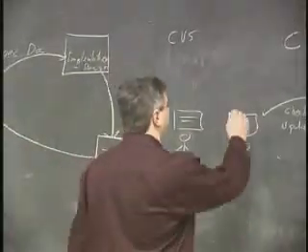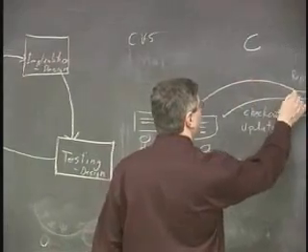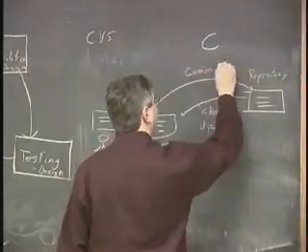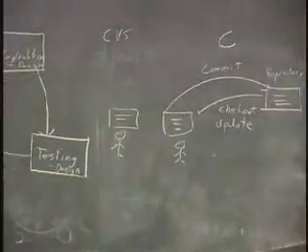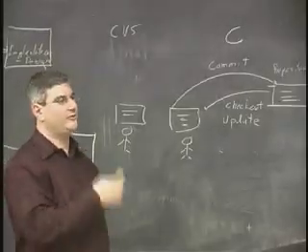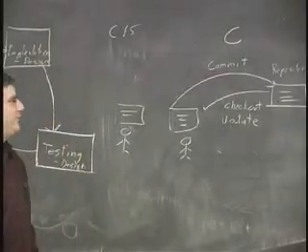The final command is how you get your stuff back into the repository, and that's the commit command. And so you just say CVS commit this file, or CVS commit, and it'll do all the ones in the directory.